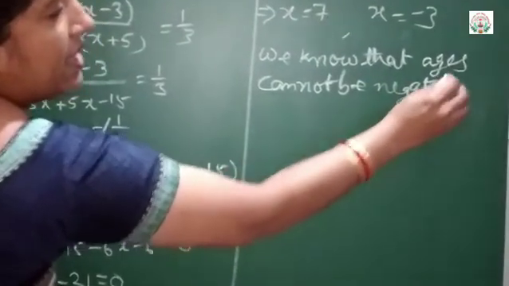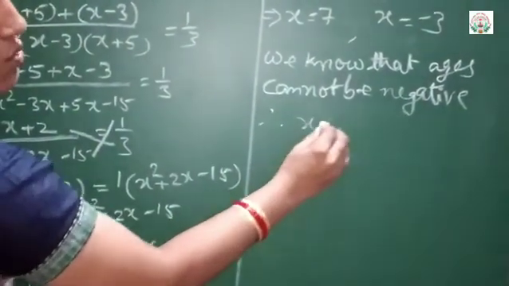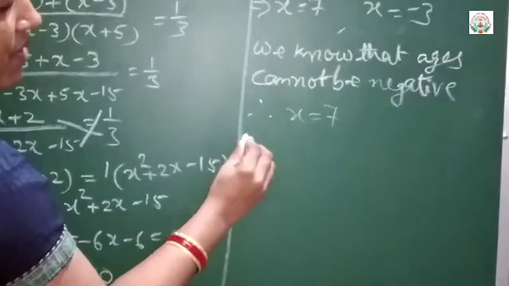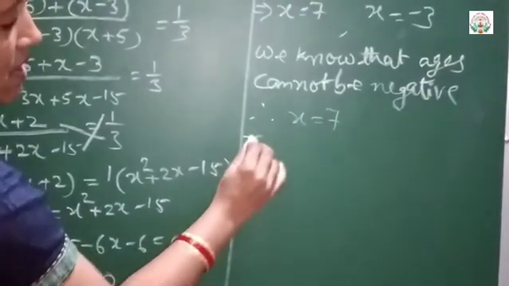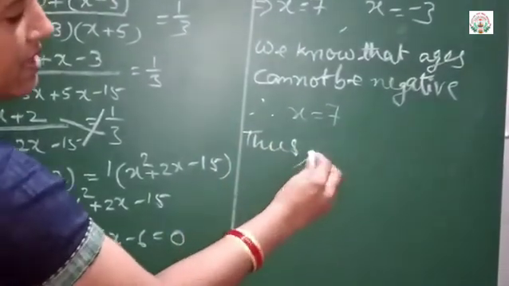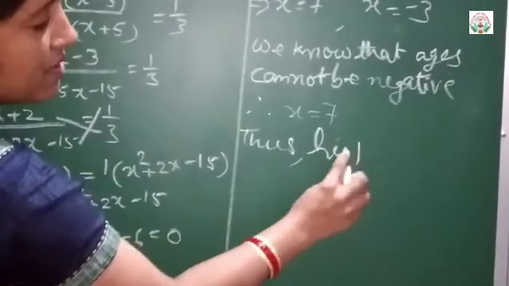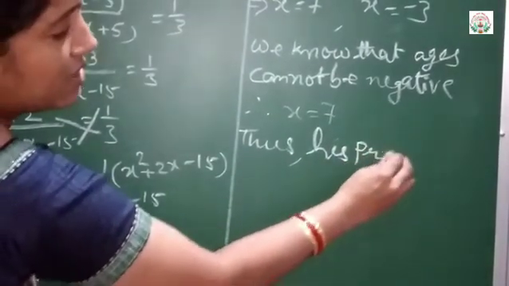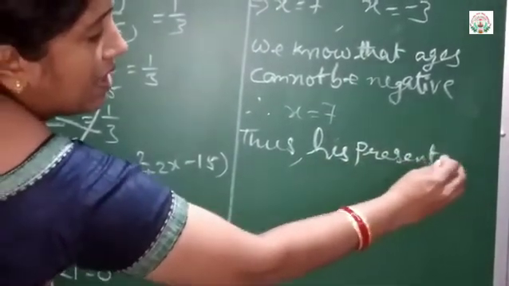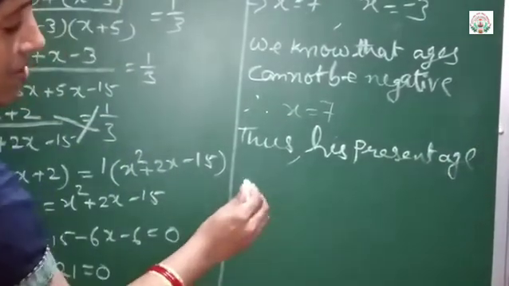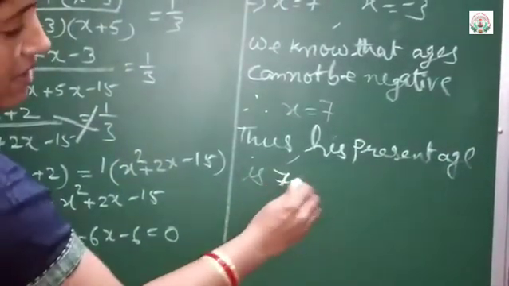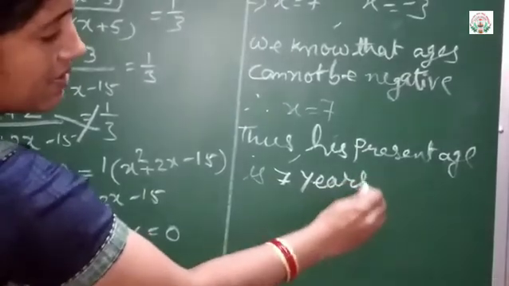Therefore, x equals to 7. So thus his present age is 7 years. Answer.